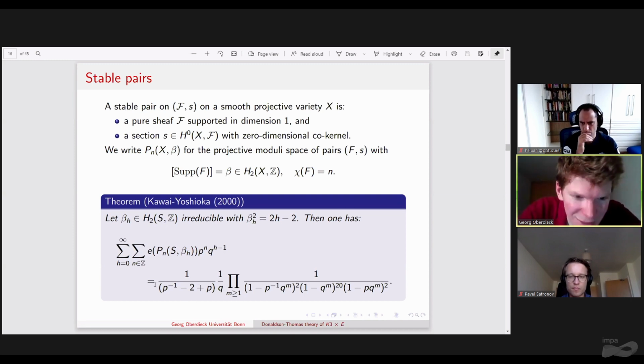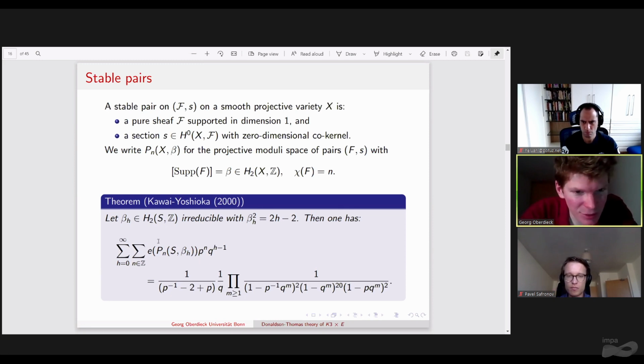You see this nice product expansion on the right-hand side that probably a lot of people here will quickly identify as 1 over a Jacobi form of weight minus 2 and index 1. So it's a modular object again on the right.